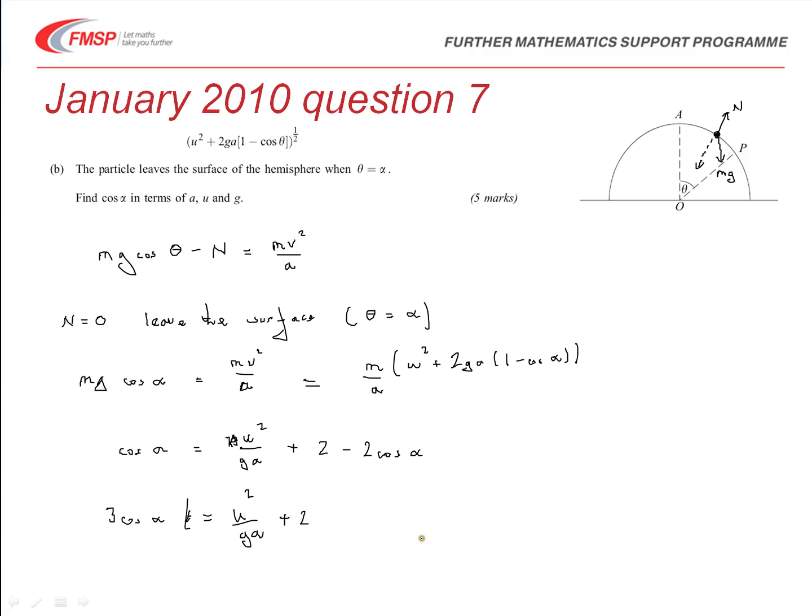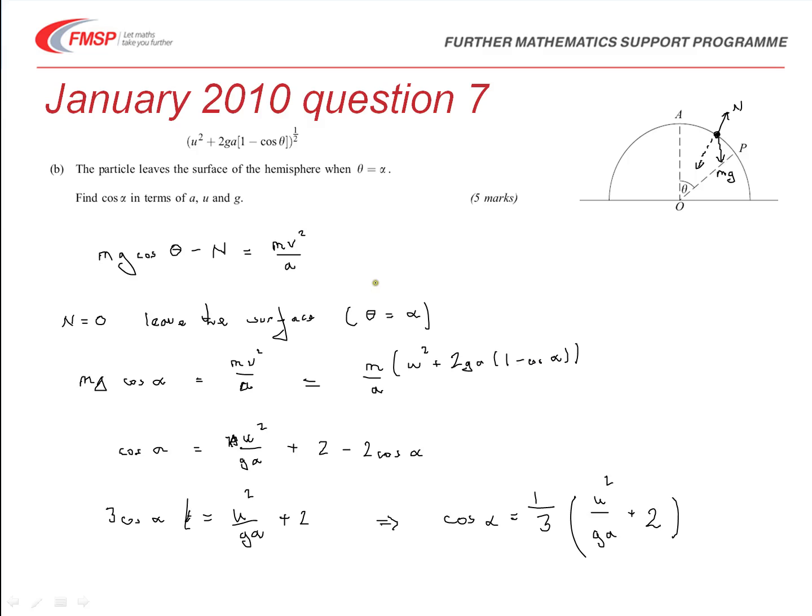And so then dividing through by 3 we get the following expression: cos alpha equals a third of u squared over ga plus 2. Okay, you might need to just work through that again for yourself just to check you fully understand where everything's come from and gone to.